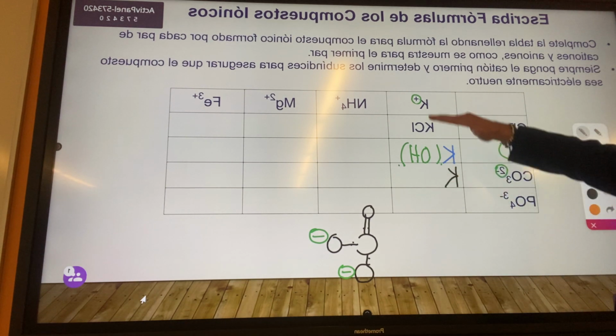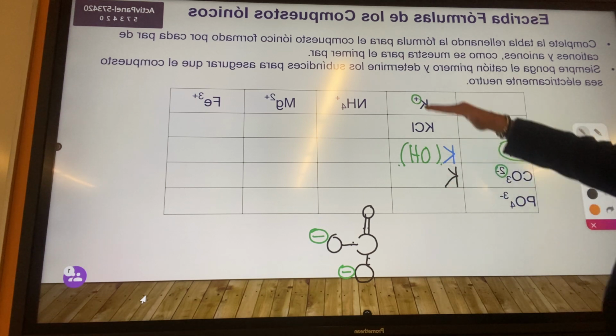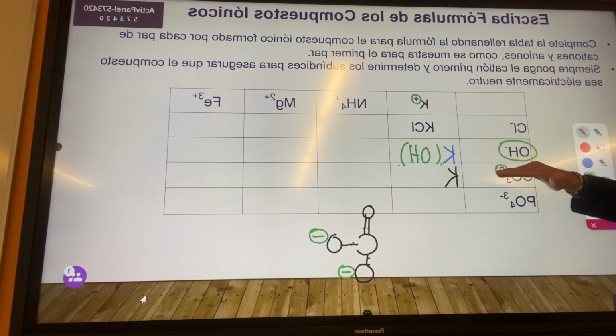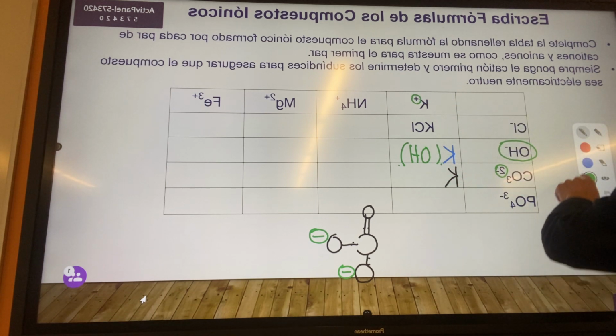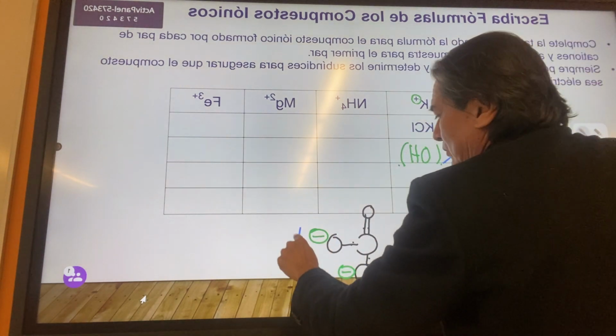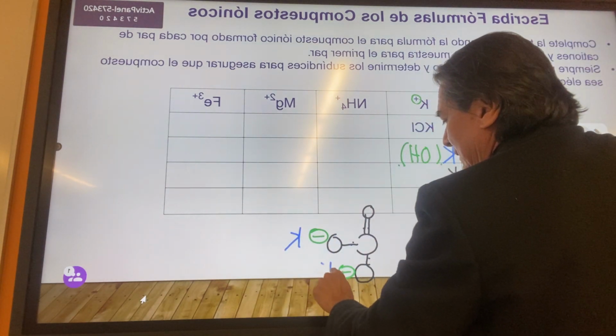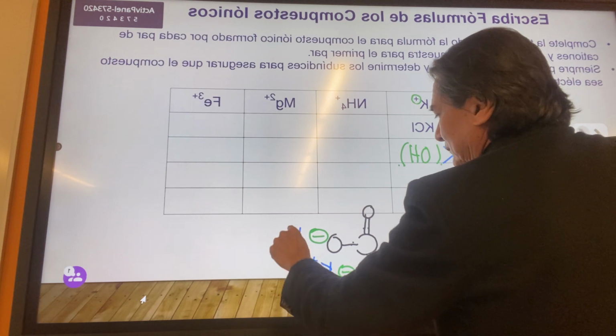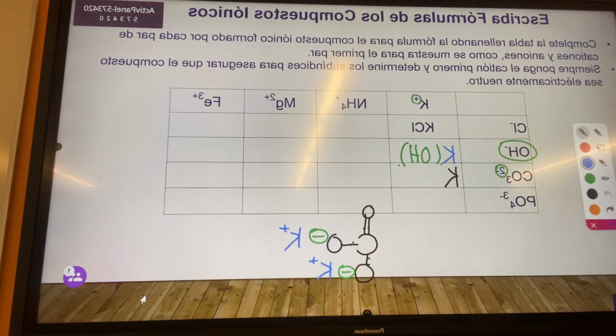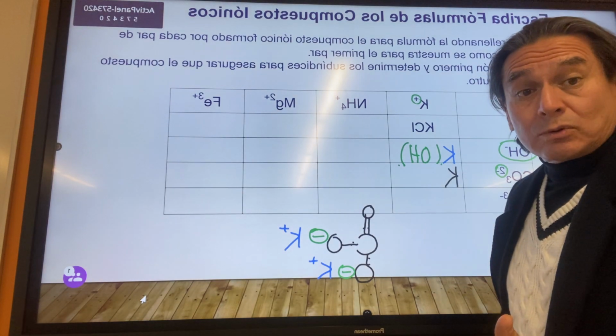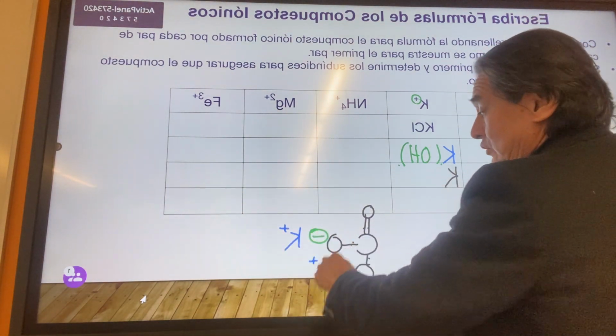So to understand how the formation of this ionic compound works, 1 potassium goes here and 1 potassium goes here. Now you have a neutral compound, right? Net charge of 0.